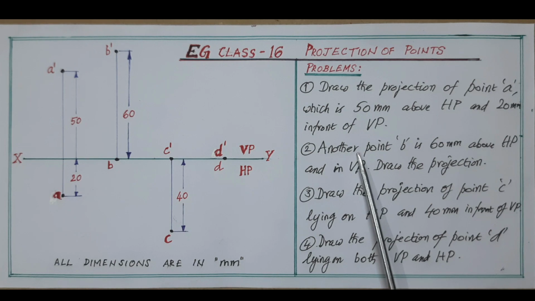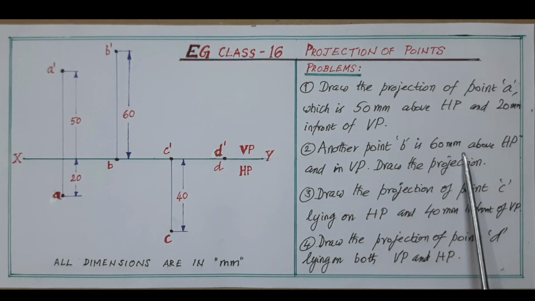Similarly, in problem 2, another point B is 60 millimeter above HP and in VP. Draw the projection.